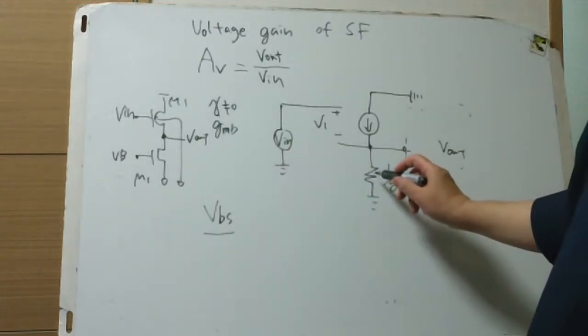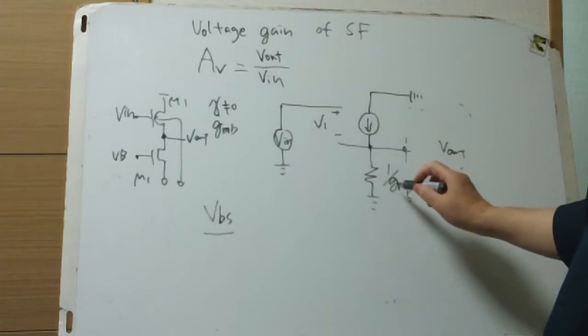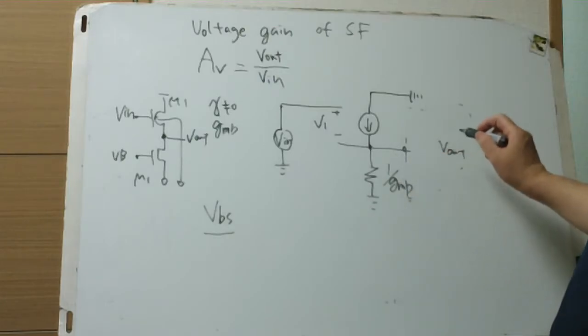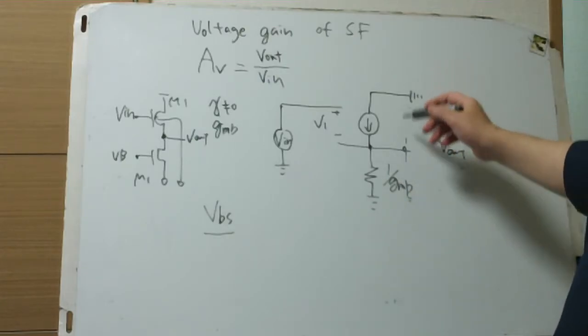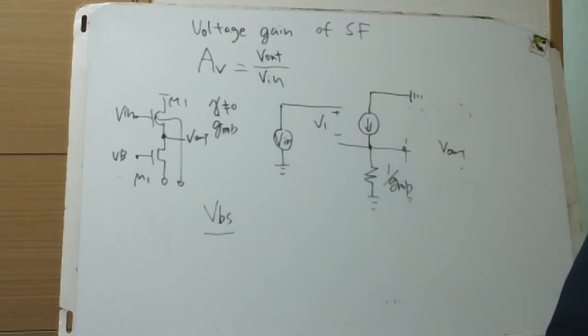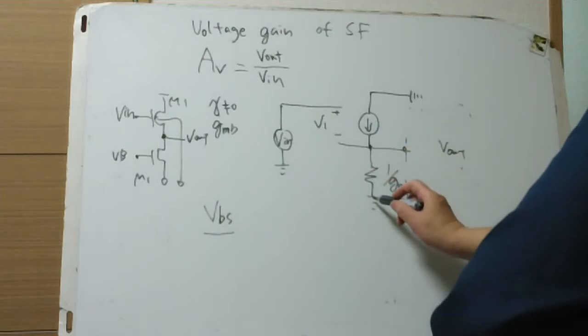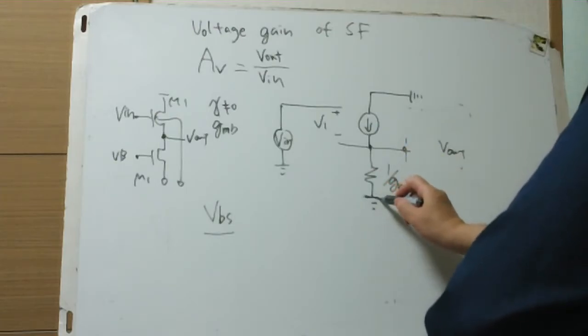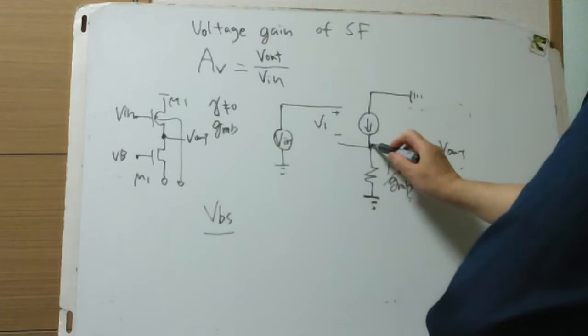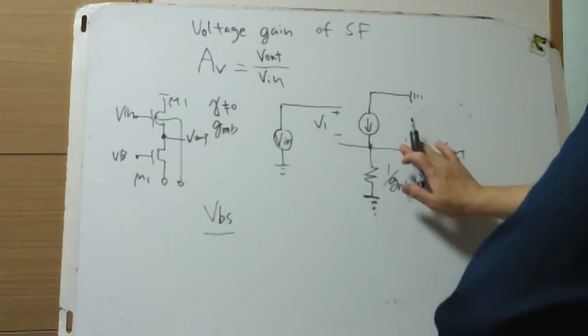Because this is the resistance, V out over resistance equals gm V out, which is the control current, in the right direction between V out and ground, AC ground.